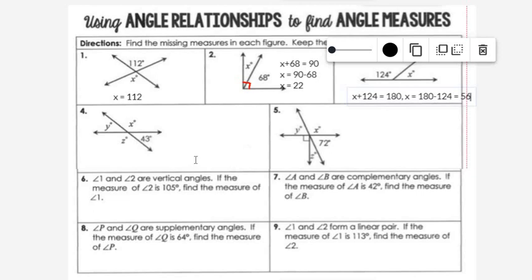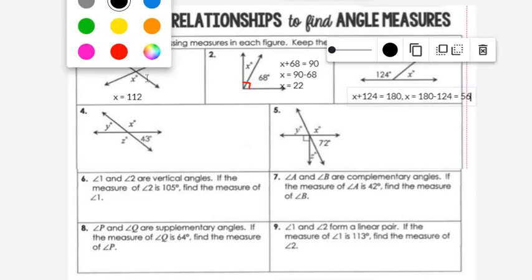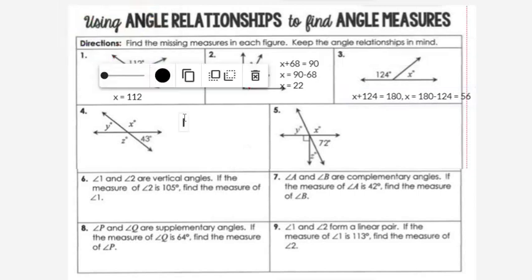Next, let's take a look at number 4. So y and 43 degrees, and these two are vertical angles, so y is 43, and then x and 43, or x and y, they are adjacent angles and they form a linear pair.